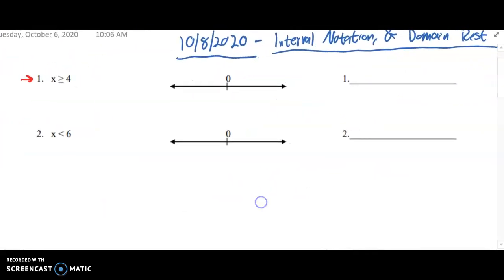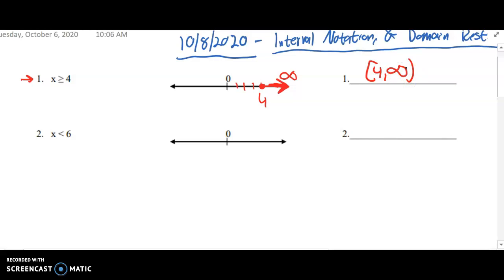So x is greater than or equal to 4. 1, 2, 3, 4. We include 4, and we want everything from 4 onward. So if it's every possible number greater than 4, it goes a million, a billion, a trillion, all the way up to infinity. So we have 4 to infinity.